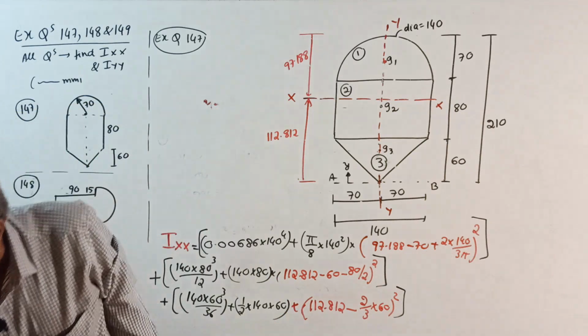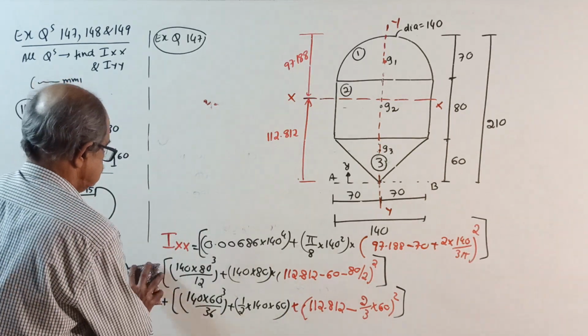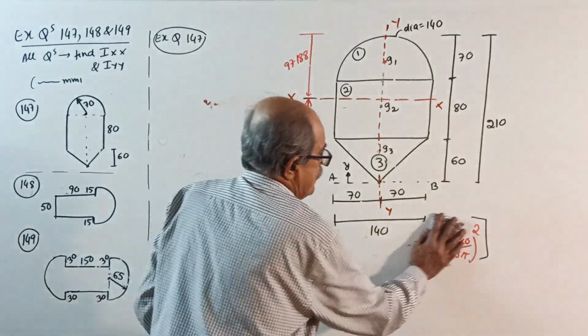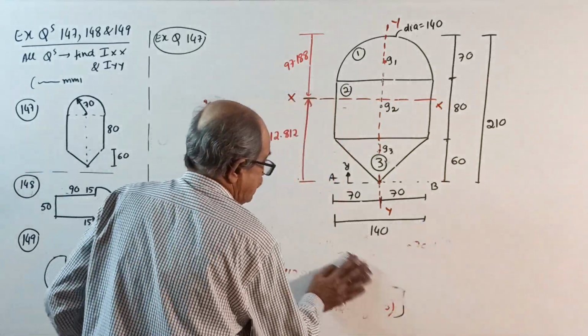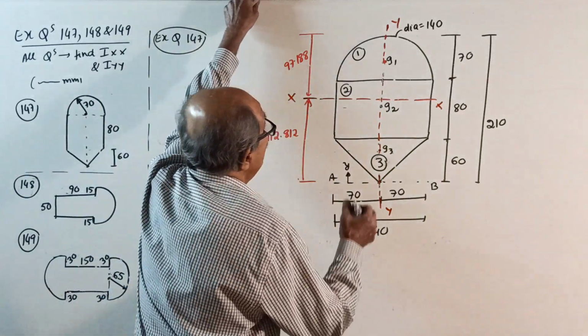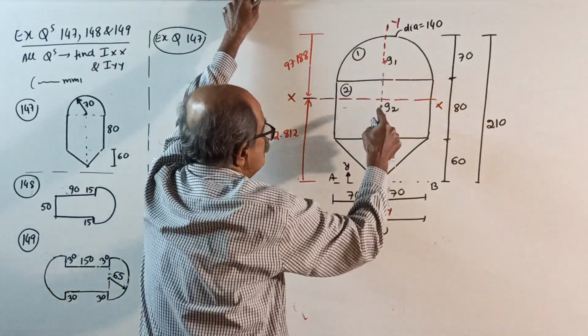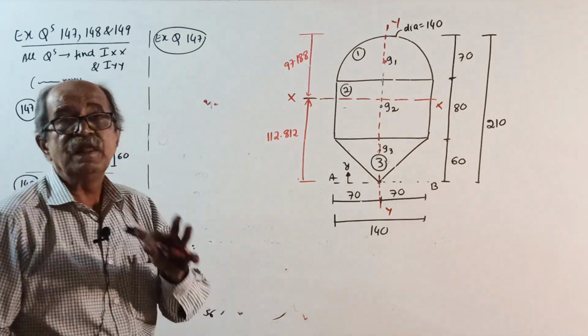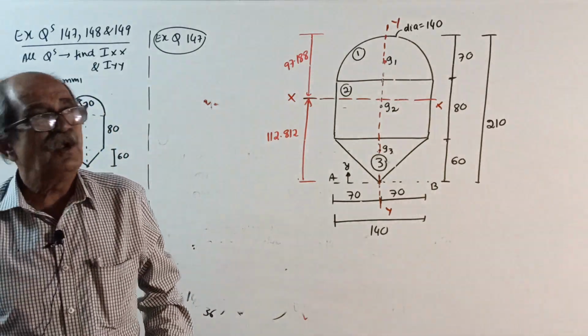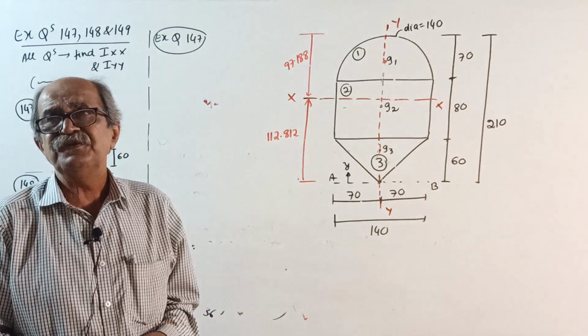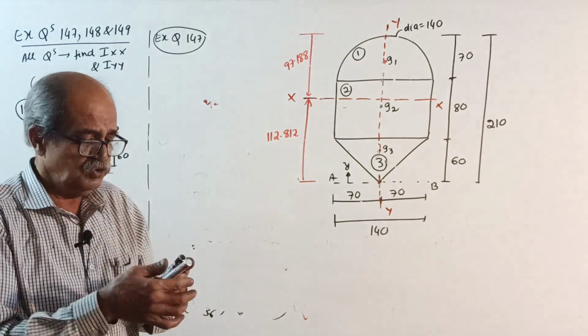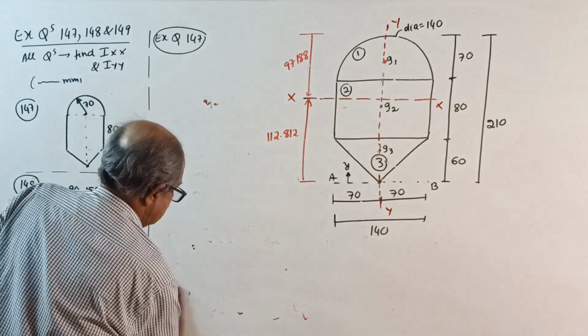Okay. I about YY. Now remember, instead of wasting time, when you do I about YY, G1, G2, G3, all of them lie on the YY axis. So for all three, when you write Ig plus A d square, the distance is 0. Okay, start.